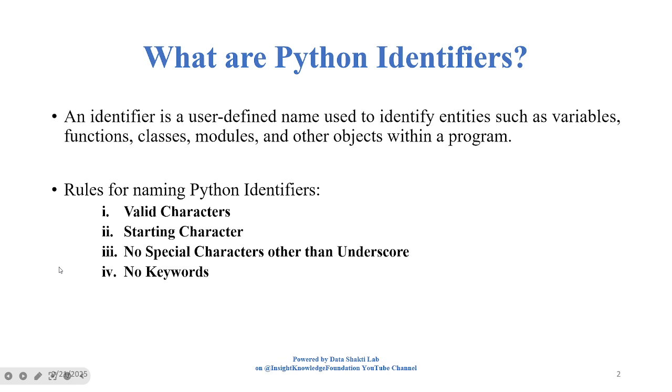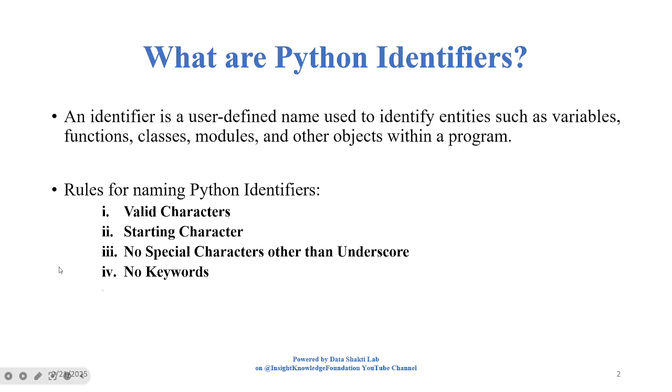Like any programming language, the Python programming language also has some reserved keywords, for example, if, for, while, class, def, which cannot be used for naming an identifier.